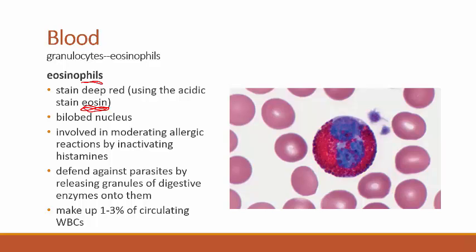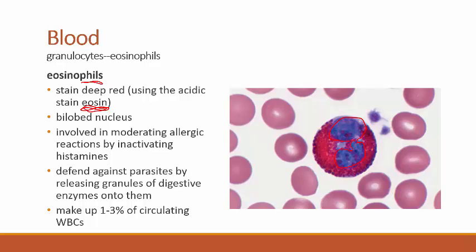They have bilobed nuclei. That means 2 lobes to the nucleus. So here's one lobe, here's the other lobe in this eosinophil. Again, they're still connected to each other. They're not 2 nuclei, just 2 lobes to it. These guys are involved in moderating allergic reactions. And so their job is to go around and inactivate histamines that have been released.